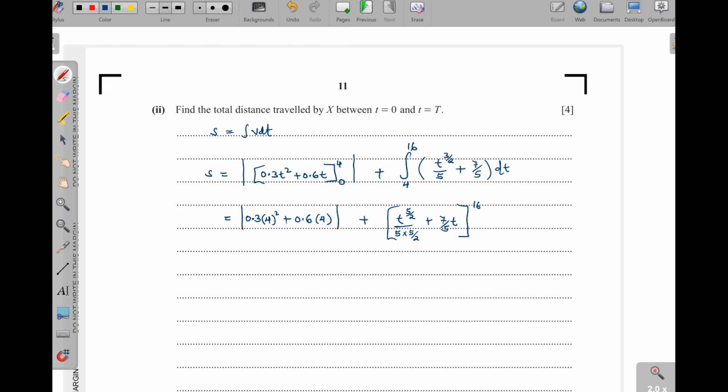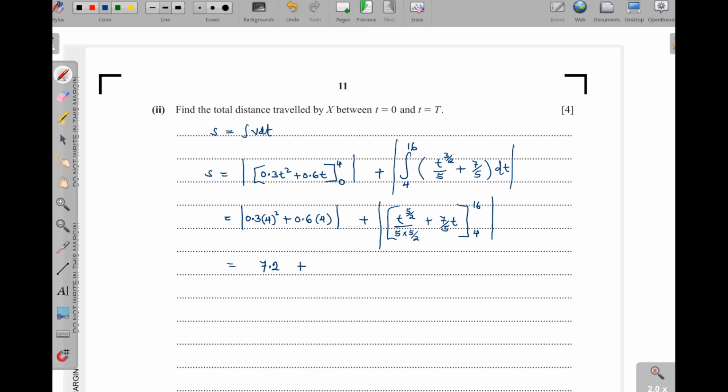Even this one, I can put the modulus signs just in case. This is 16 times 3, that is 48, so this is 4.8. And then plus this will be 2.4. 4.8 plus 2.4 will be 7.2.